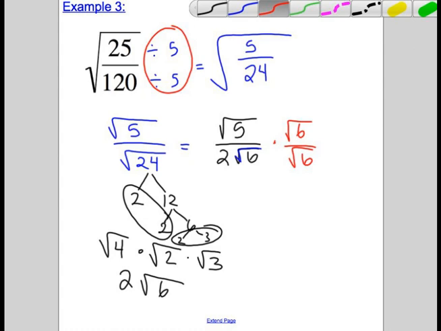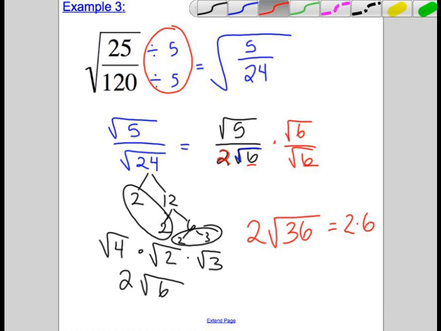So I chose square root of 6 because it allows me to change the look without changing the value, but it also gives me a pair of 6's. And that pair of 6's will create a square root of 36 in the denominator, because 6 times 6 is 36. The 2 will still be there from this 2. But square root of 36 is a nice number. That's 6. So really it becomes 2 times 6.